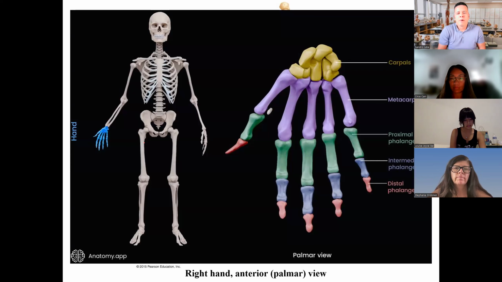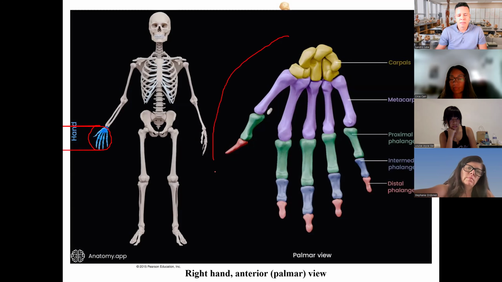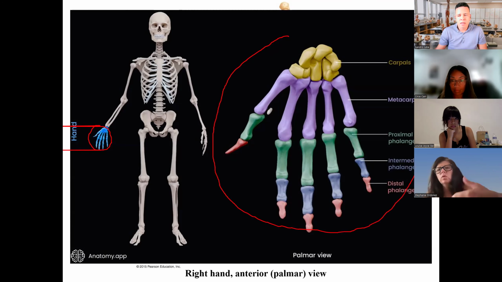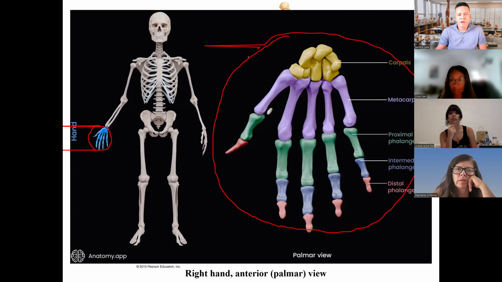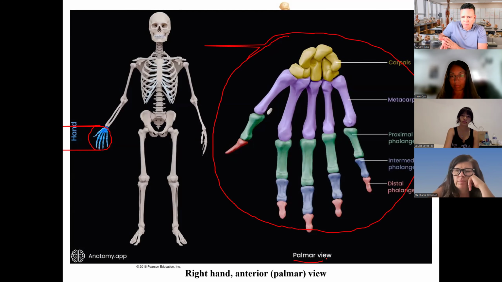Let's start right here by being able to identify the right hand from the left hand. Folks, on the exam, I might not have a hand that is actually attached to the body like this. I'm going to have a picture of a model of a hand, kind of like this, which has the anterior view, also called the palmar view, meaning that you're looking at the palm of the hands. And you need to be able to identify whether it is the right or the left hand.